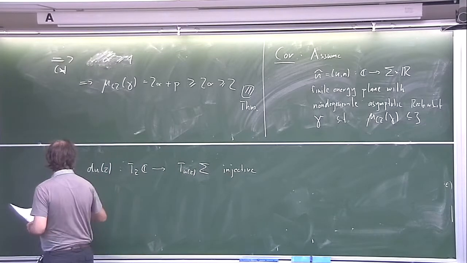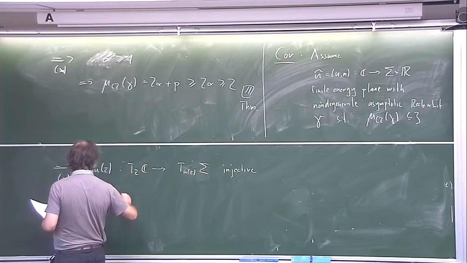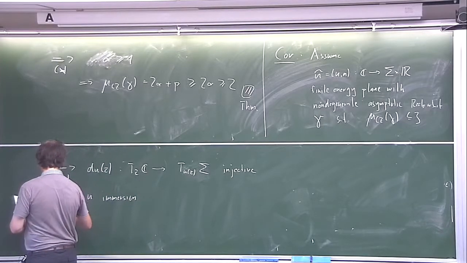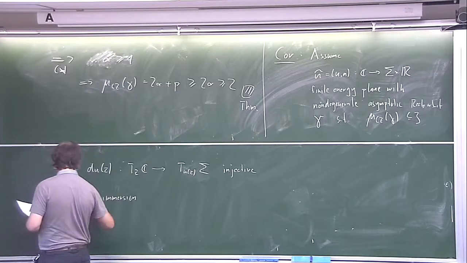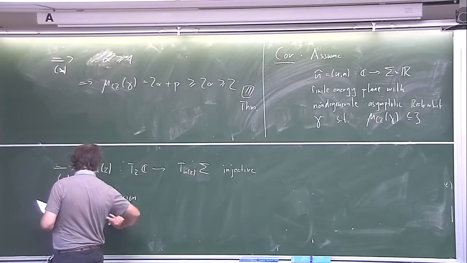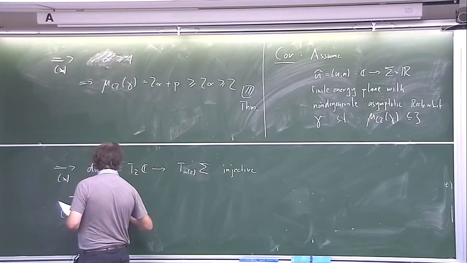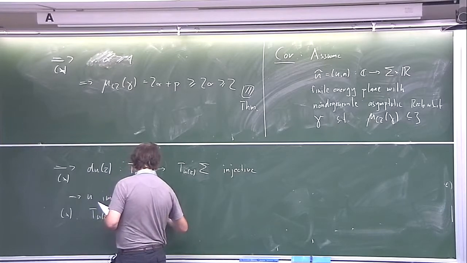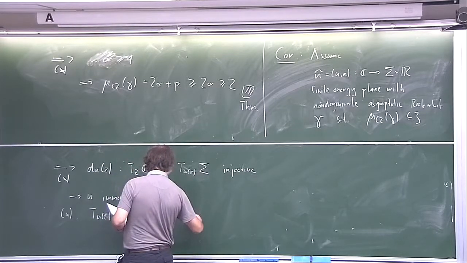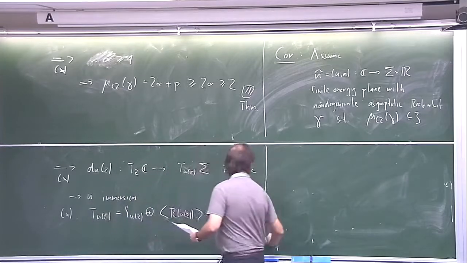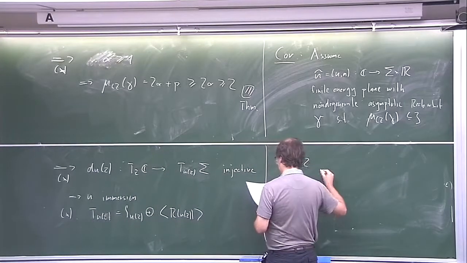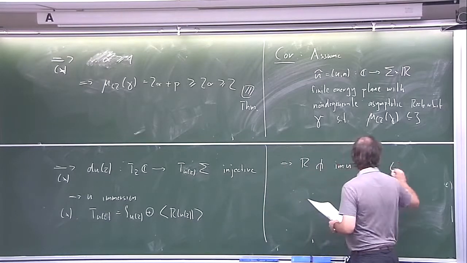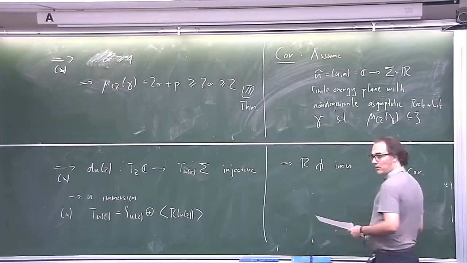So we get u is an immersion, and because of star and the fact that T_u(z) sigma splits into the hyperplane plus the span of the Reeb vector field, we have R is transverse to the image of u. That proves the corollary.